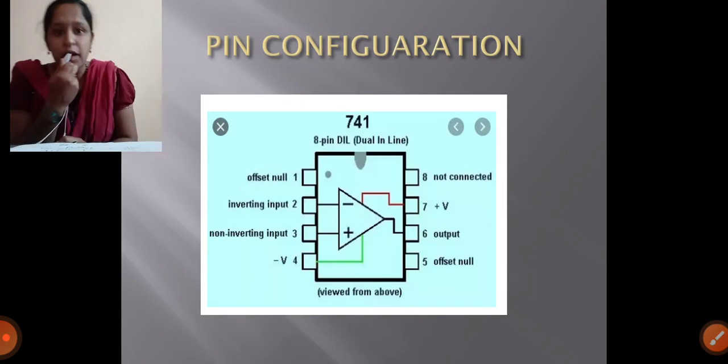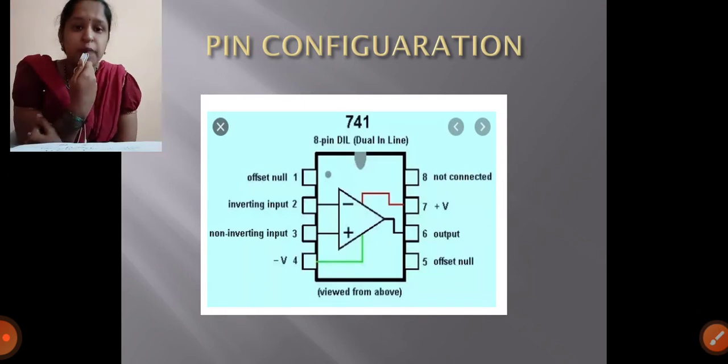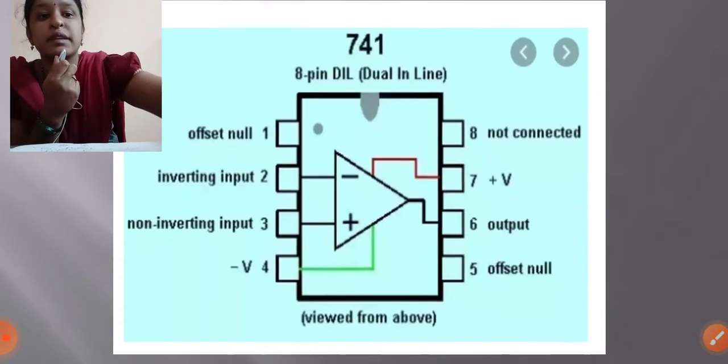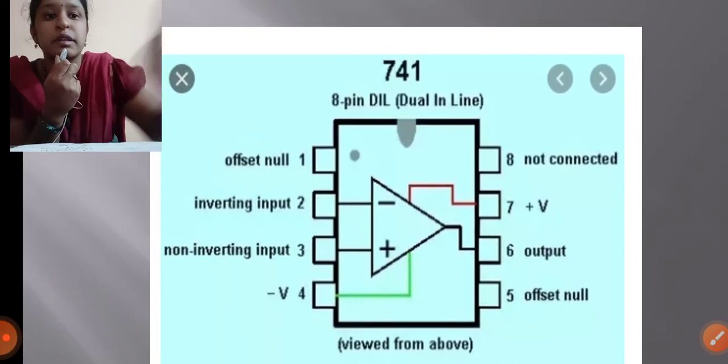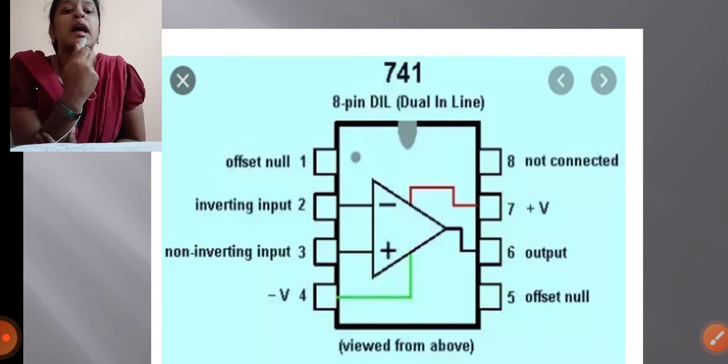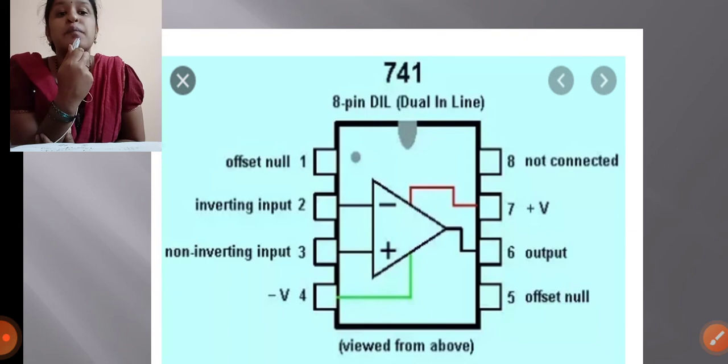Next is the pin configuration of the operational amplifier. I have already explained this one, it is an 8 pin IC. This is the pin configuration. Pin 1 is offset null. Pin 2 is inverting input.